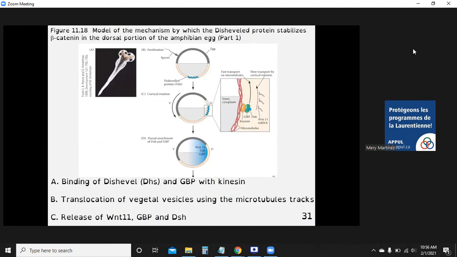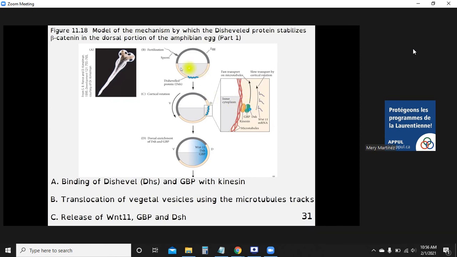So here in A, you have disheveled, and GBP protein is associated with the kinesin. So we have here kinesin, the GBP, and the disheveled. The 3 of them are associated together.